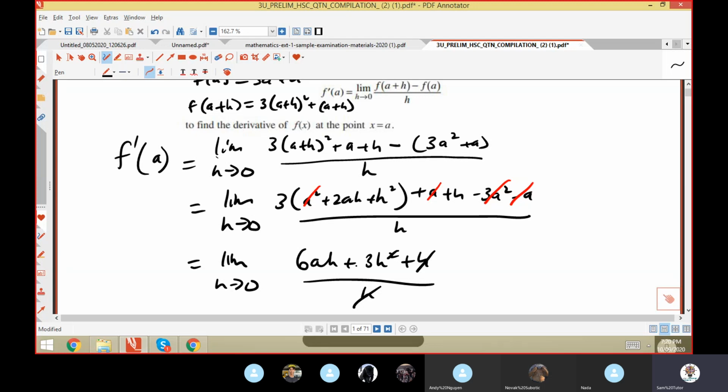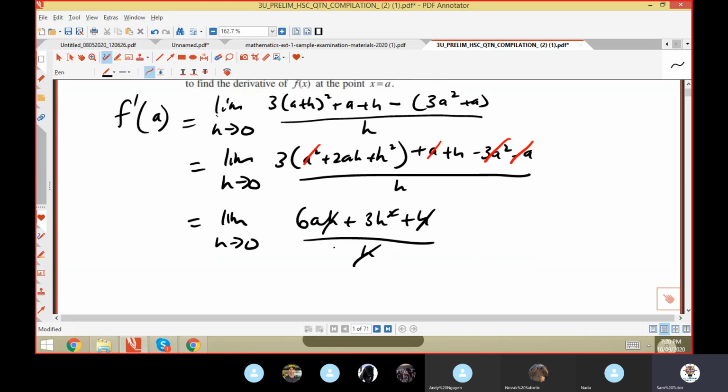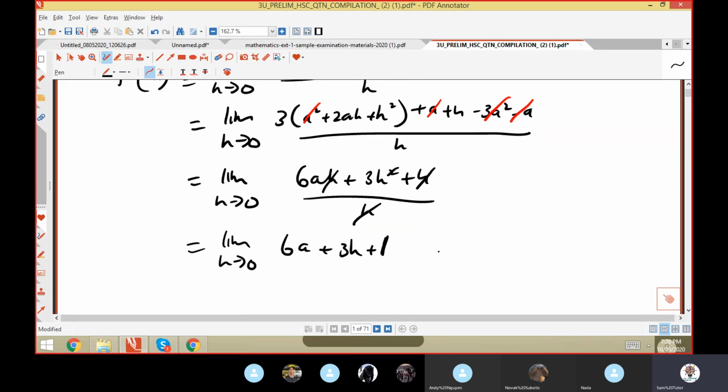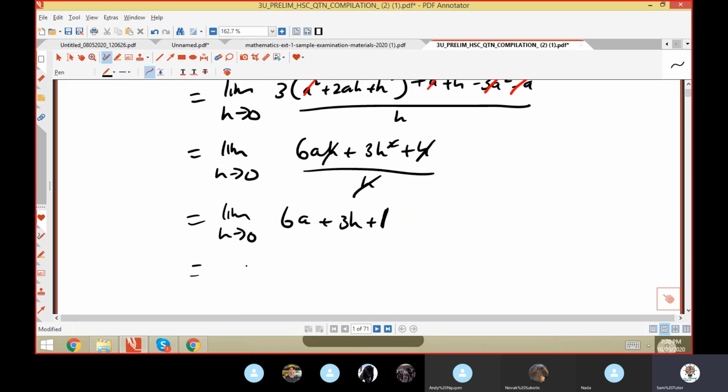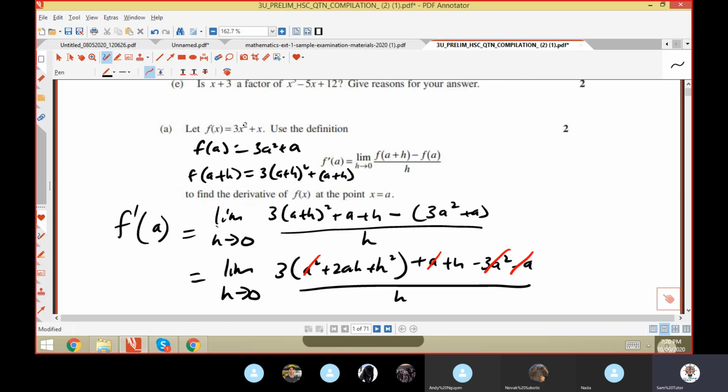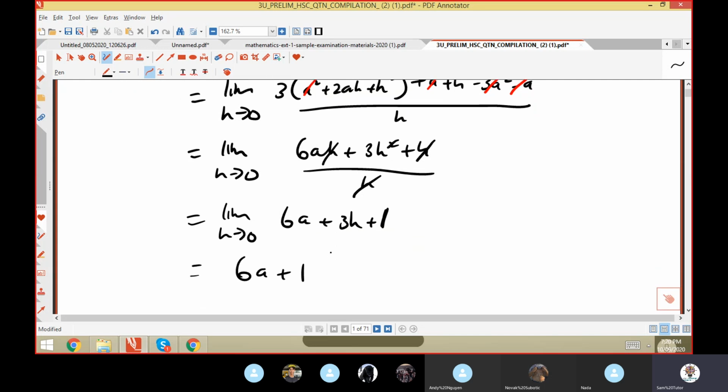Cross out your h, sub in h equals 0. Be careful with this h. A lot of students think it's 0. It's 1 when you divide by h. Of course, sub in h is 0. You get 6a plus 1, which I think we know is the answer, because 6x plus 1. Nice and easy.